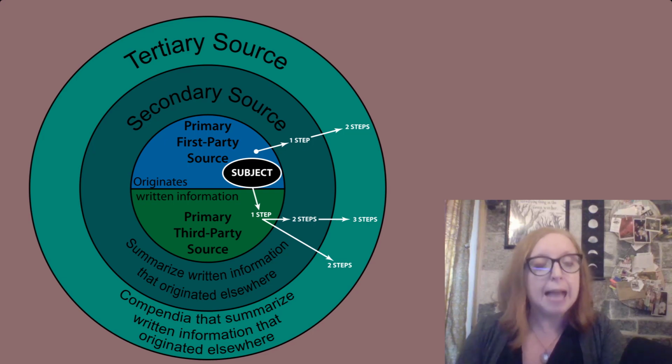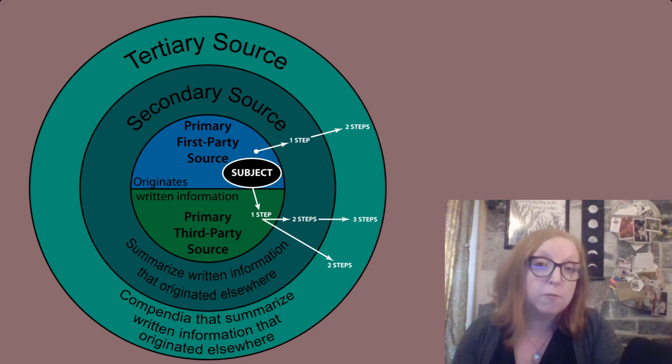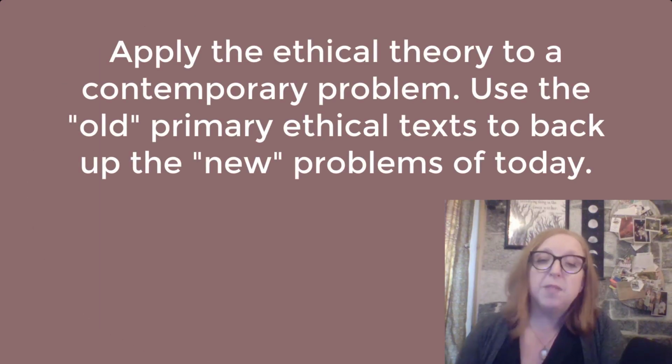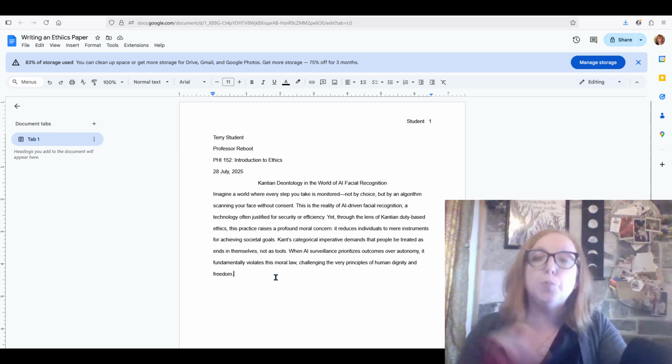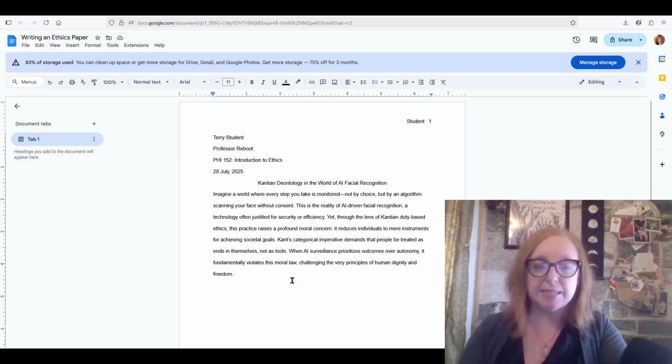Then contextualize how you are explaining these concepts by pulling in a quotation or a paraphrase from the work directly, and then finally explain how that work relates back to your primary ethical thesis or argumentative statement or declaration of purpose. Next, apply the theory to a modern ethical question, such as privacy in artificial intelligence, genetic engineering, or universal health care. The key is to bridge theory and practice.